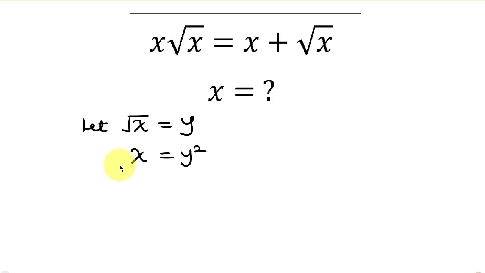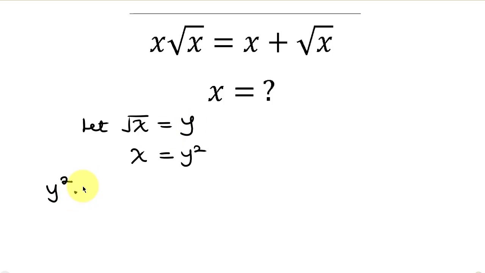Now, all we have to do will be, wherever we see the square root of x, we're going to be putting y. And whenever we see x, we're going to be putting y squared. So this is x. I'm going to be putting y squared. So I have y squared times the square root of x. The square root of x is y.